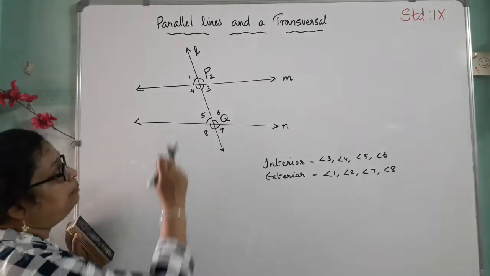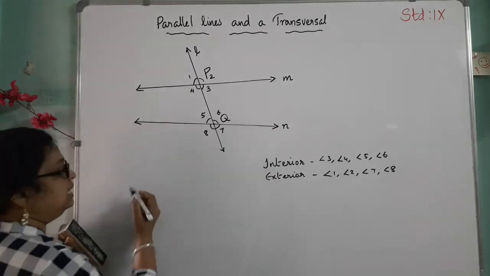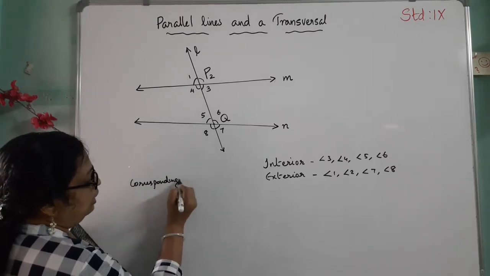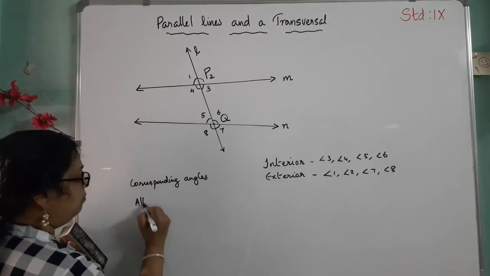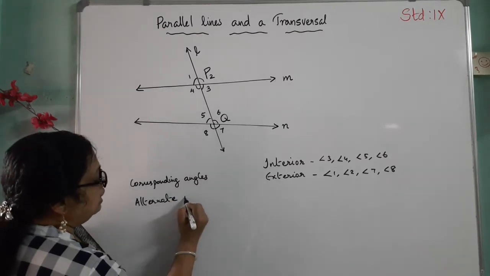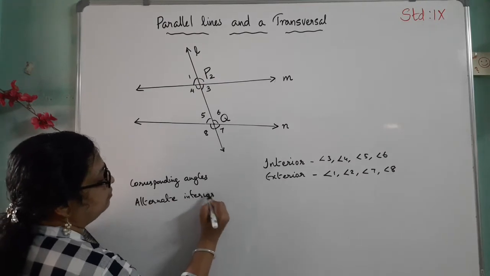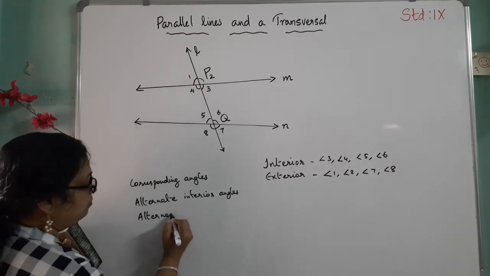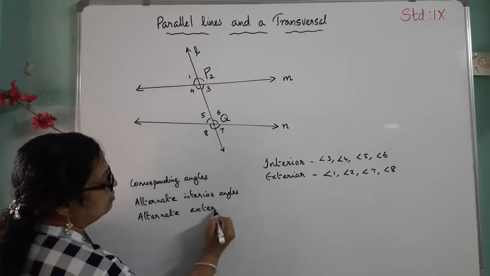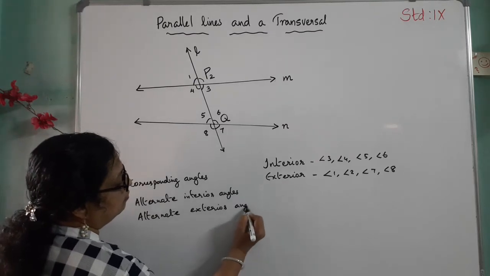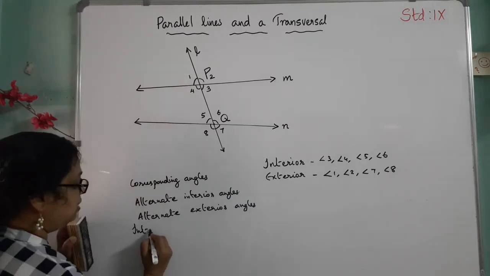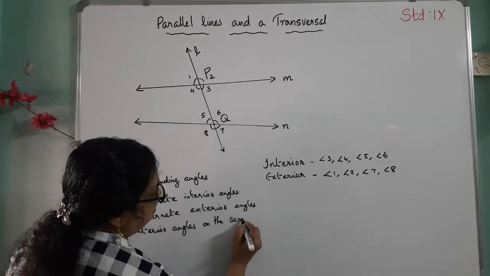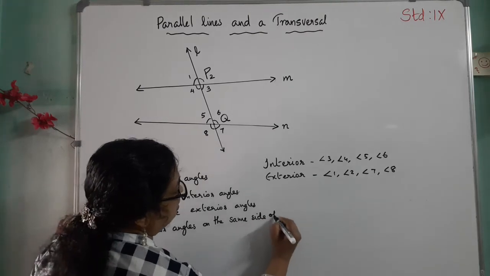And we studied that the pairs of angles formed have some names. What are they? Corresponding angles, alternate interior angles, alternate exterior angles, and interior angles on the same side of the transversal.